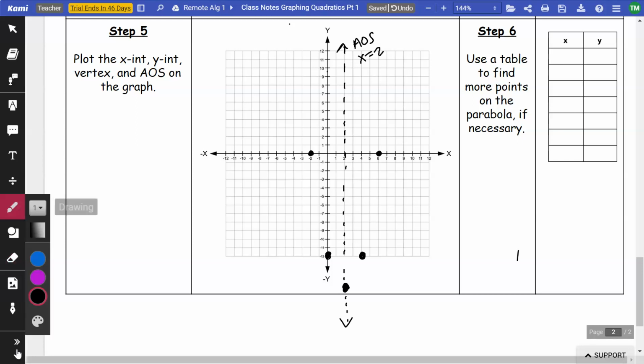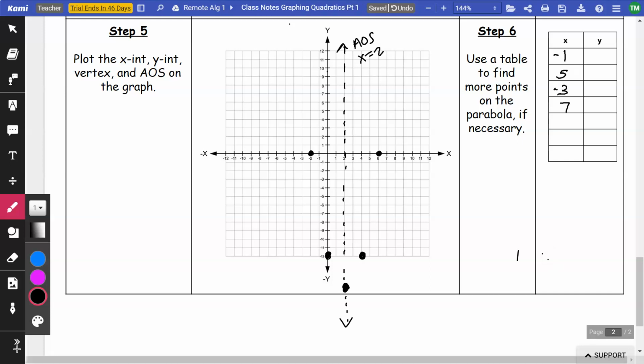So I'm going to plug in negative 1. Then I'm going to find a point between 4 and 6, which would be 5. Then just for fun, let's go ahead and plug in negative 3 and 7.